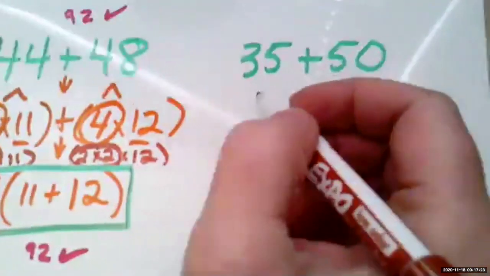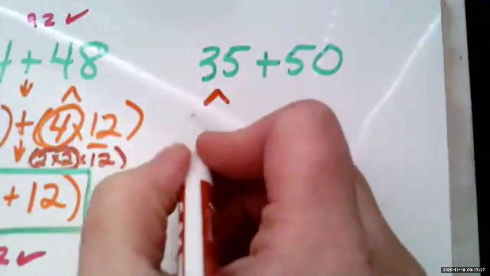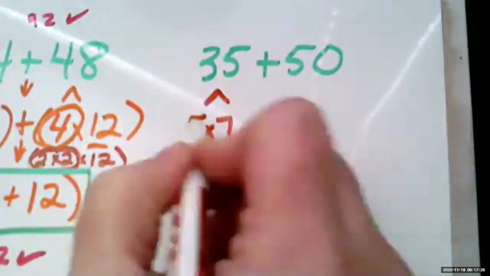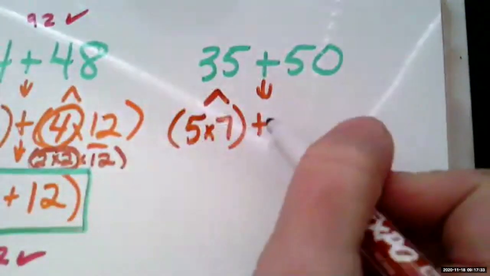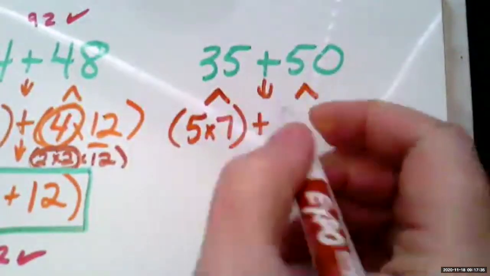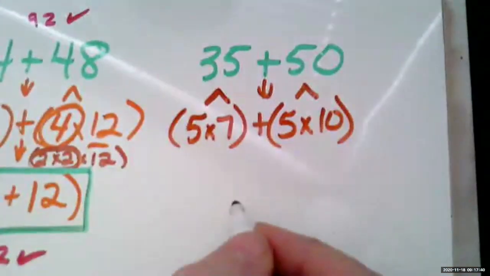So 35 plus 50, using the distributive property. You guys all said that 5 times 7 equals 35. And plus, 50. You have 5 times 10 equals 50.